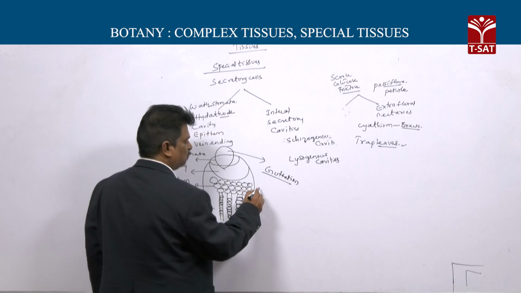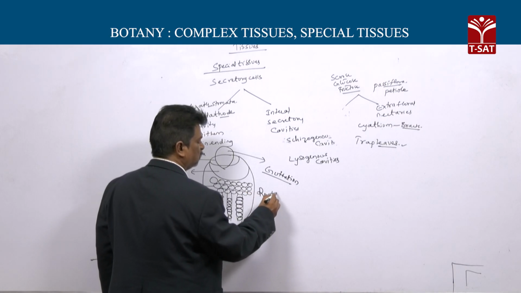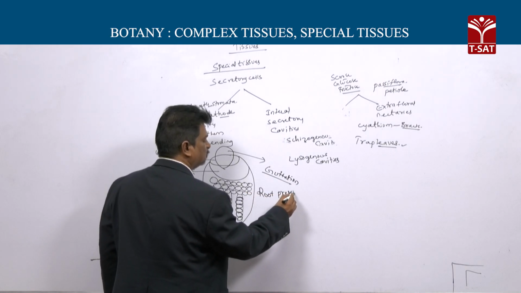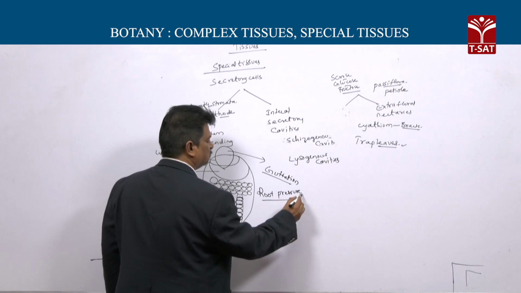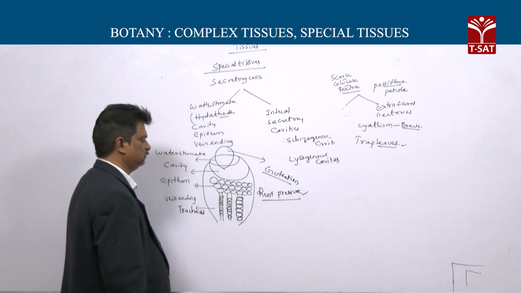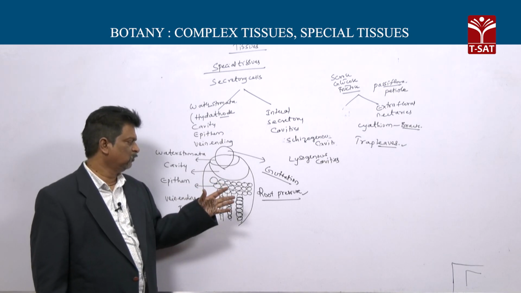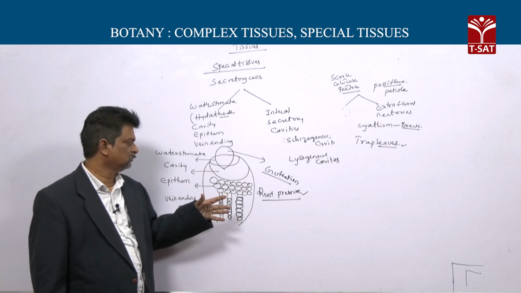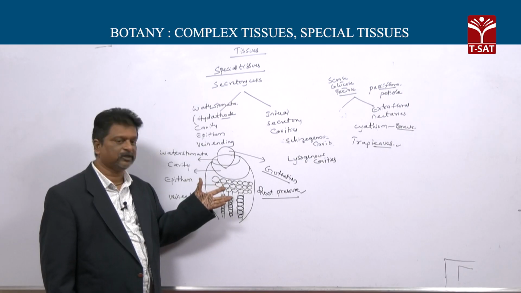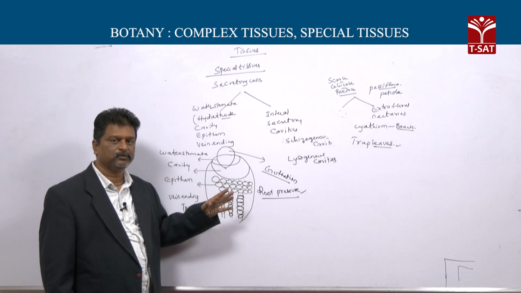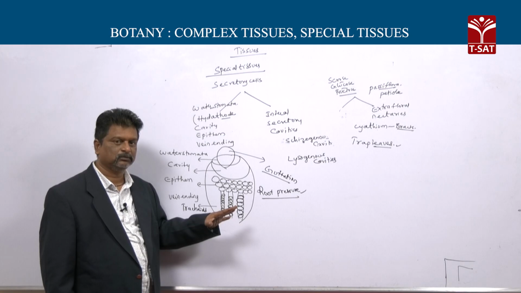Generally, root pressure is responsible for guttation. But the maximum root pressure is 1 or 2 atmosphere, so it explains ascent of sap only in herbs and shrubs.